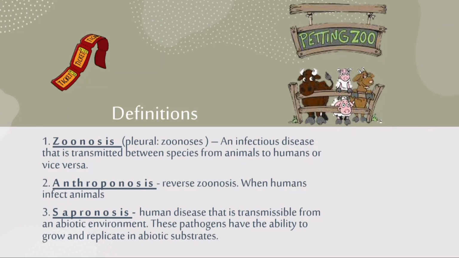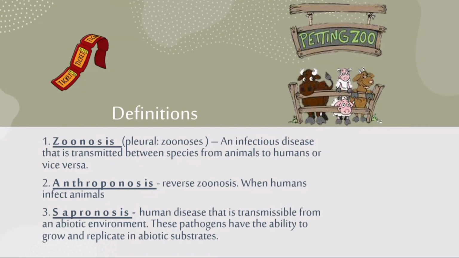And then sapronoses, this is when a human disease is transmissible from an abiotic environment. So these are diseases that can grow and replicate in environments such as soil or water, environments where they're not usually found and where they don't usually proliferate. Some examples of these: anthroponosis, so when humans can infect animals, a good example of that is tuberculosis.